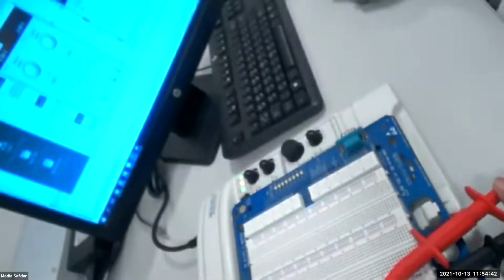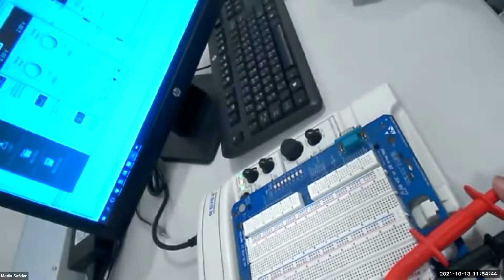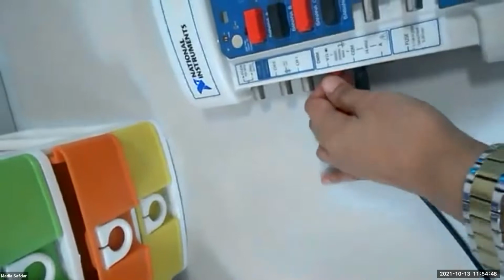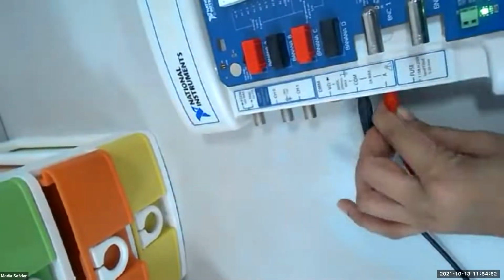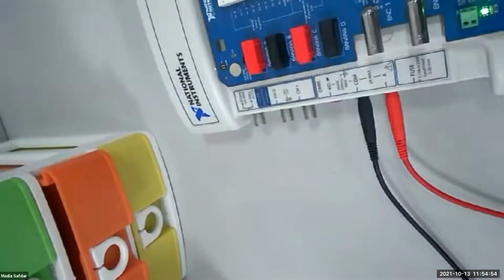Then I will choose ampere, and I will run. If you shift the decimal, then it will be 1.98 milliampere.